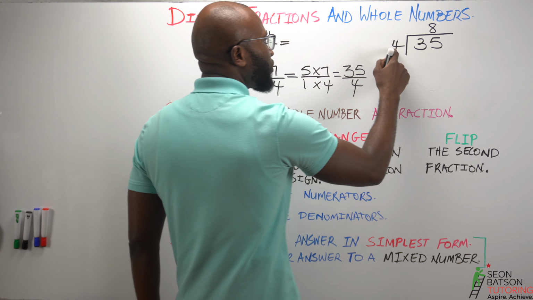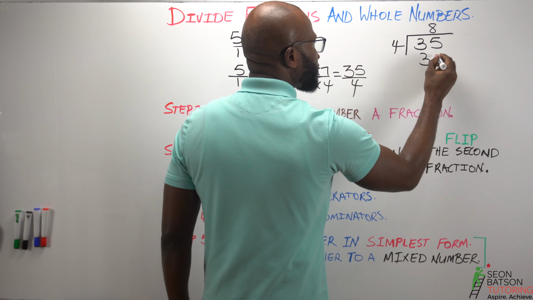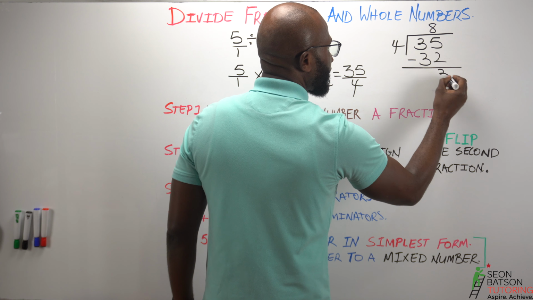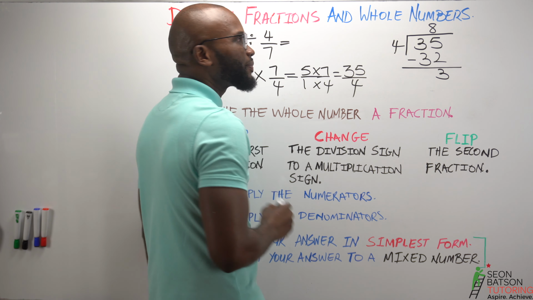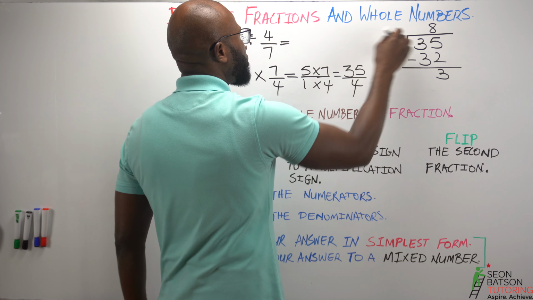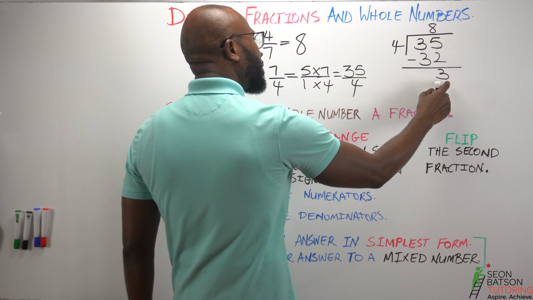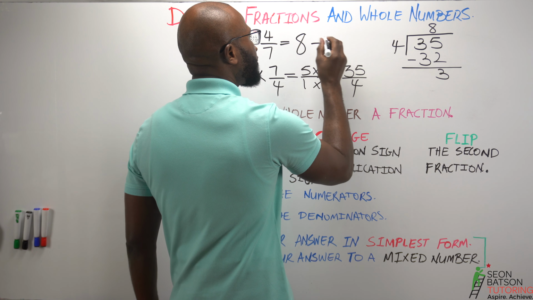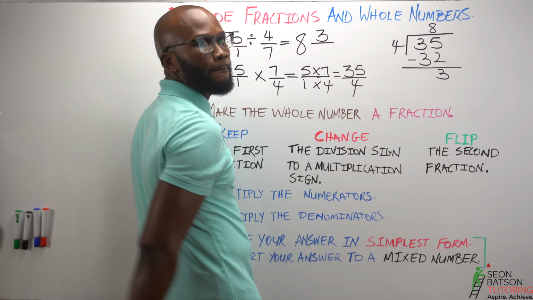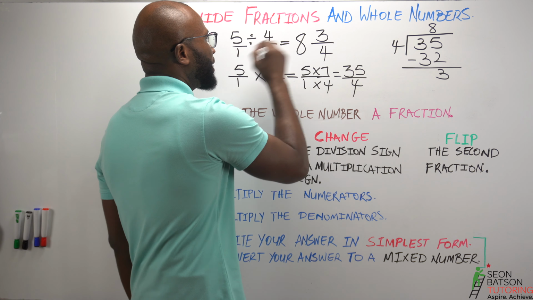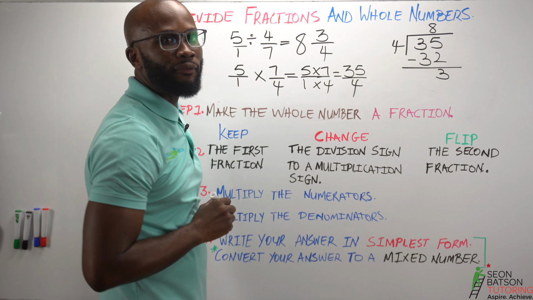Yes? 4 times 8 is 32. You subtract and you get 3. Yes? The 8 on top of the house would be your whole number. The remainder, which is 3, will be your numerator. And the denominator stays the same. So our final answer is 8 3/4.